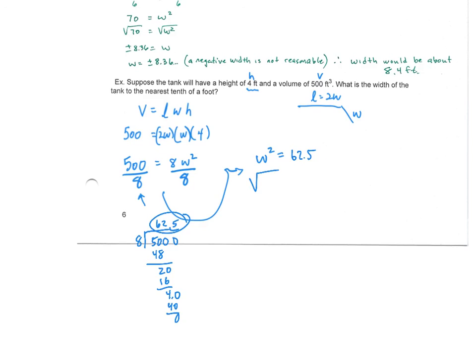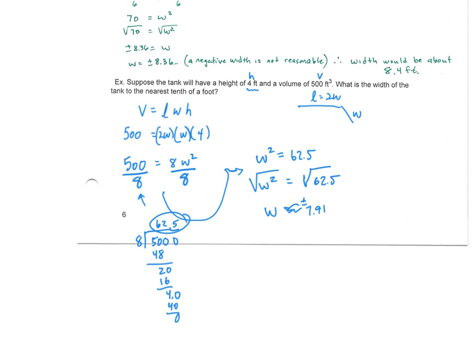And then again to find the square root of both sides, so I can get W by itself. And the square root of 62.5 is going to be approximately 7.91, plus or minus.